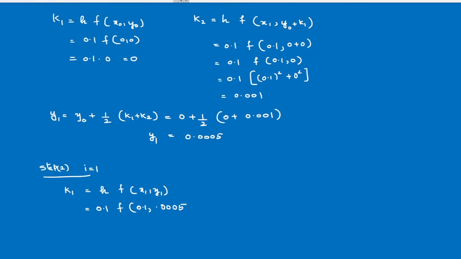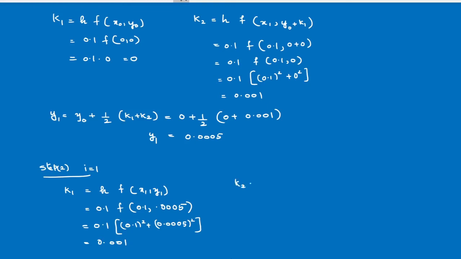Which is equal to 0.1 into f of x, y, which is x square plus y square, that is 0.1 square plus 0.0005 the whole square. On simplifying this, you will get 0.001.